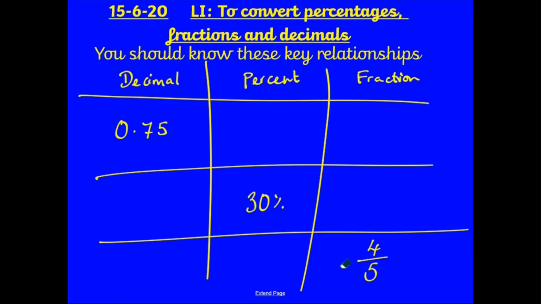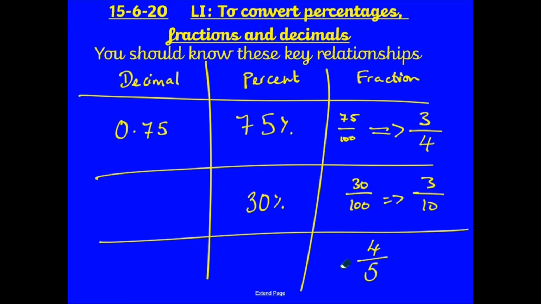And here, to finish off, is a little table for you to fill in. So decimal number here, 0.75. As a percentage is going to be, of course, 75%. As a fraction would be 75/100. But a better one would be 3/4. 30% as a fraction, well, that'd be 30/100, or even better, 3/10. 3/10 as a decimal is 0.3.